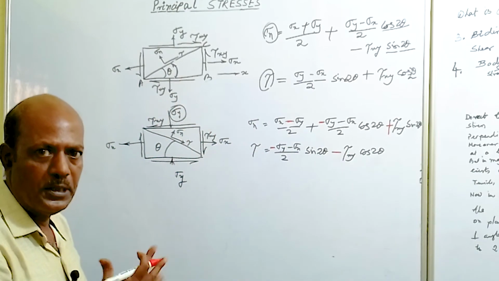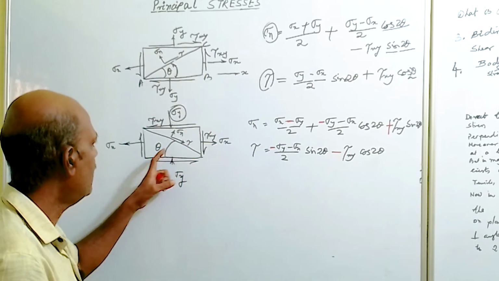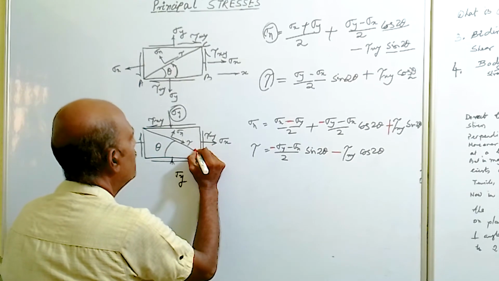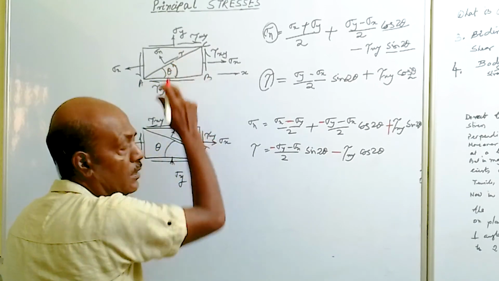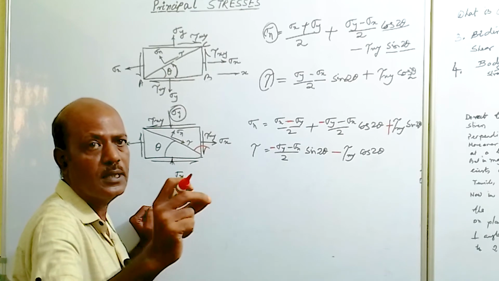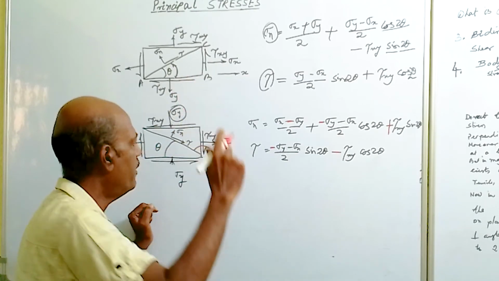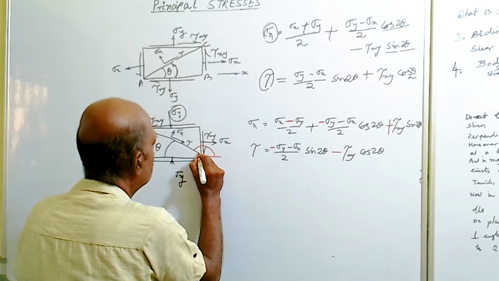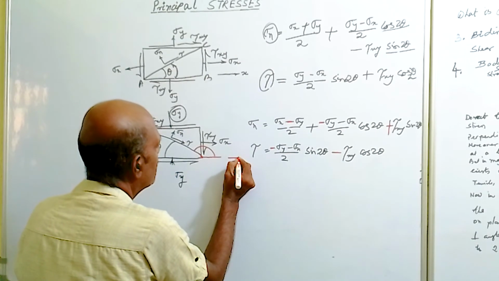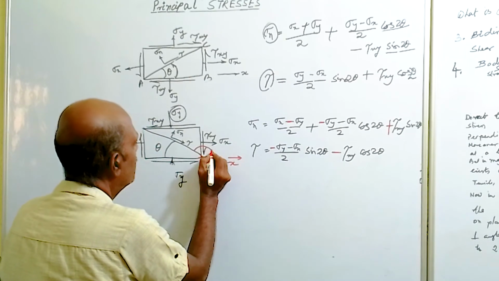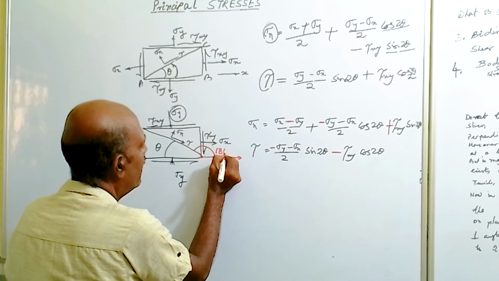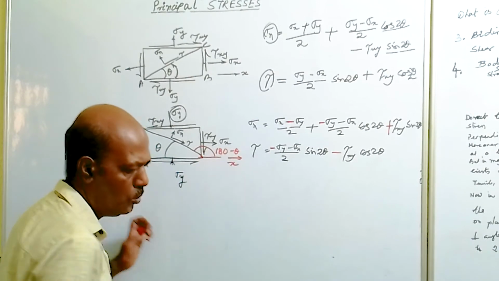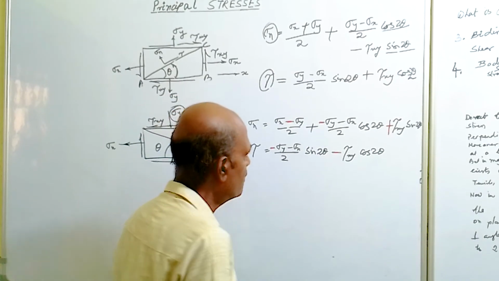Now we will go for theta. For this case, theta is the angle between the positive x direction and the inclined plane. So what is the theta value for this case with positive x direction? This is 180 minus theta. So we will substitute this value instead of theta.